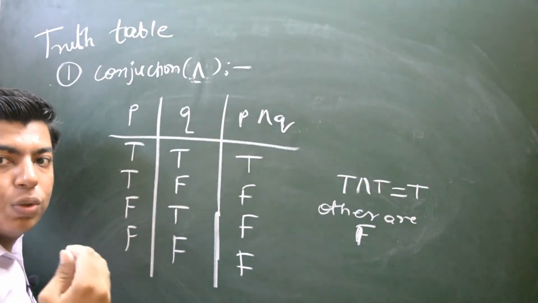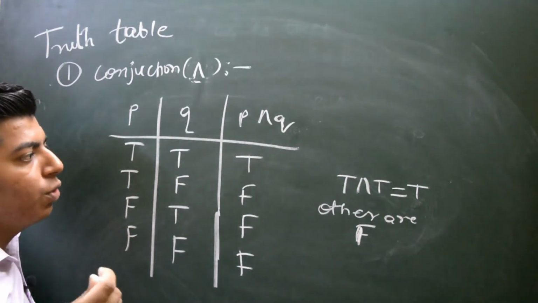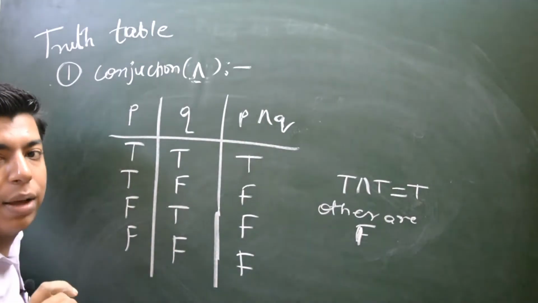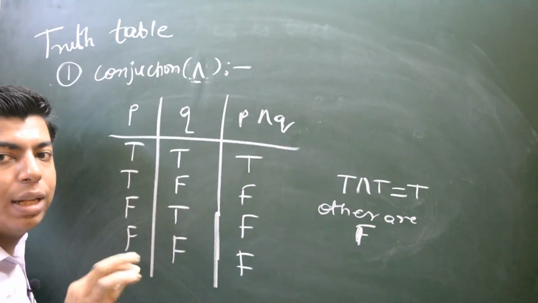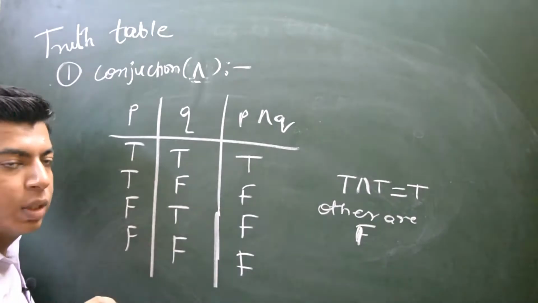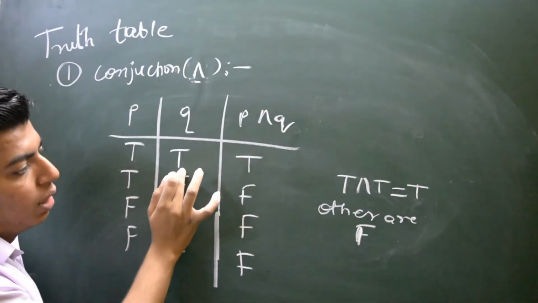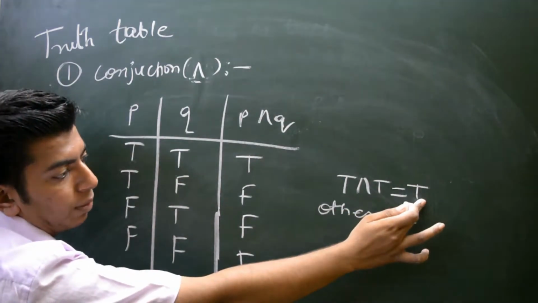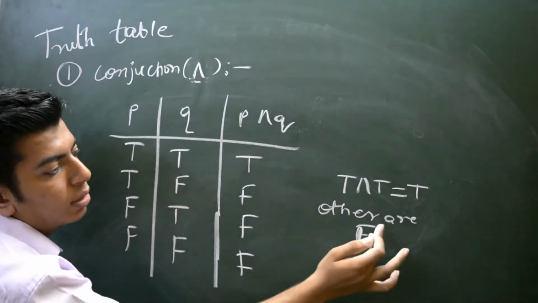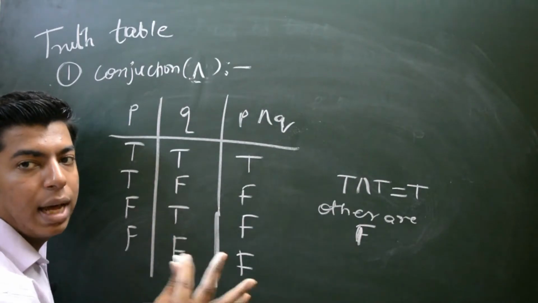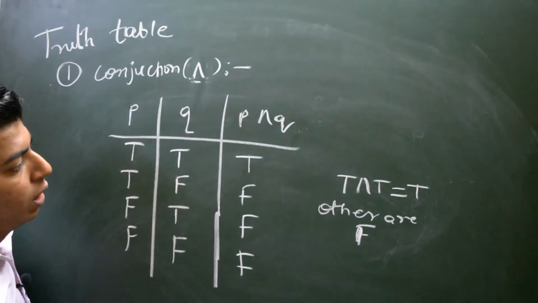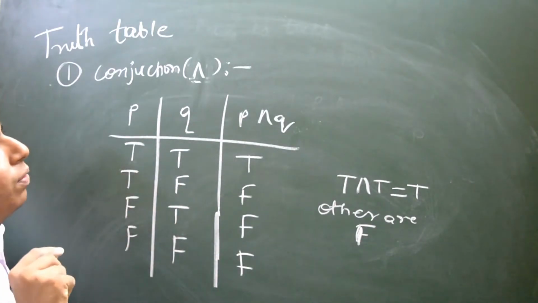In this way also you can learn, but in the paper you have to write T and F. Don't write 1 and 0 over there. So T conjunction T is equal to T. Others are false. You can directly remember it like this also. So this is the truth table for conjunction.